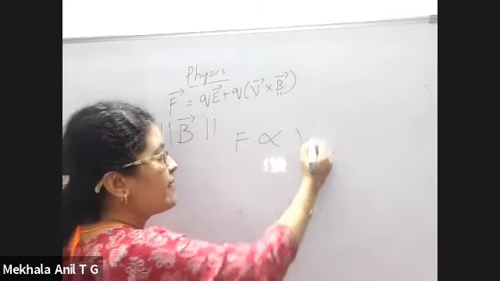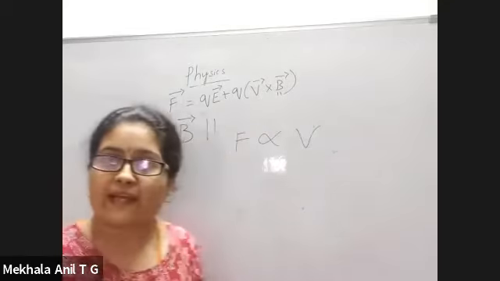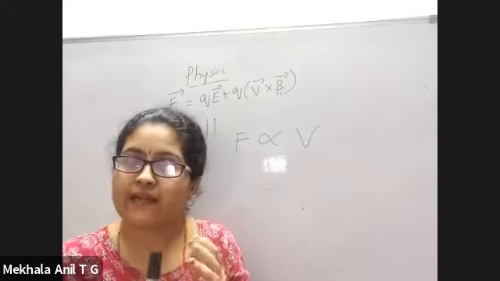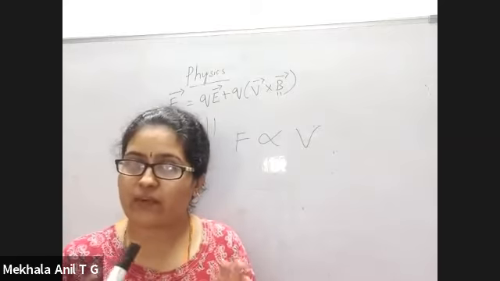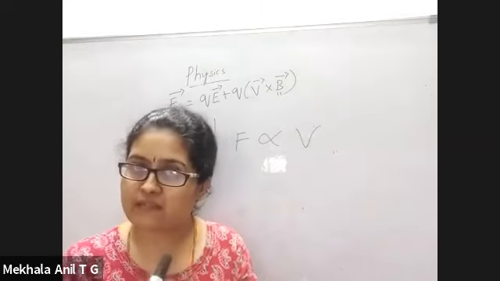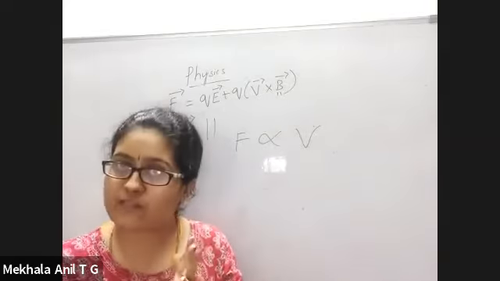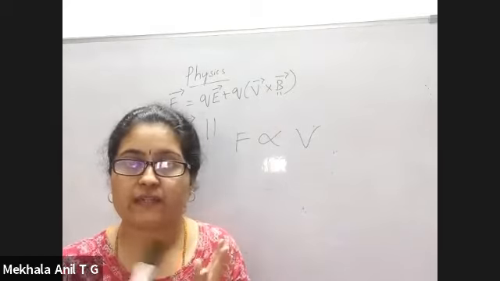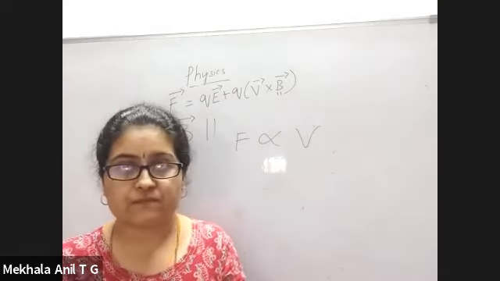See, if you take any other force, for example gravitational force, it is G m1 m2 divided by r square, where there are two masses and the distance. It is not dependent on velocity. If you take electrostatic force, that is also not dependent on velocity. It is only dependent on the charges and the distance.